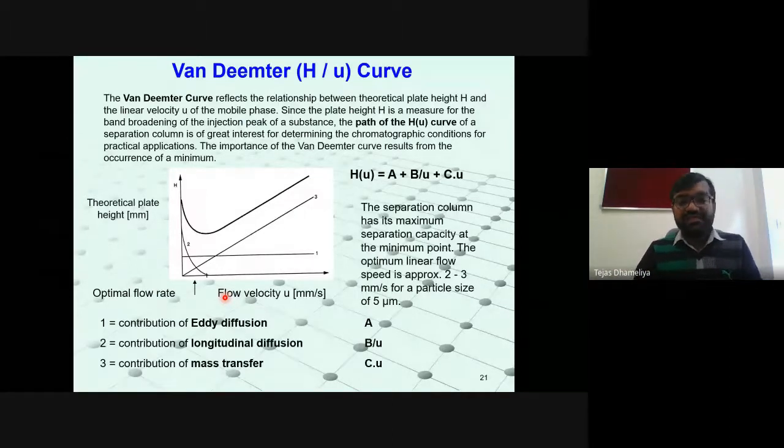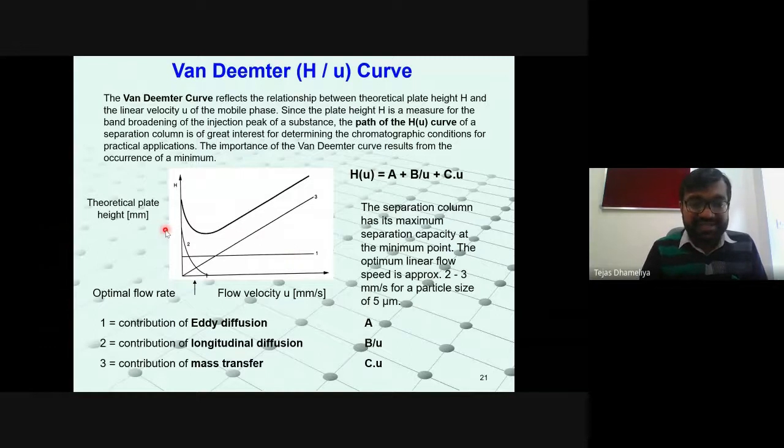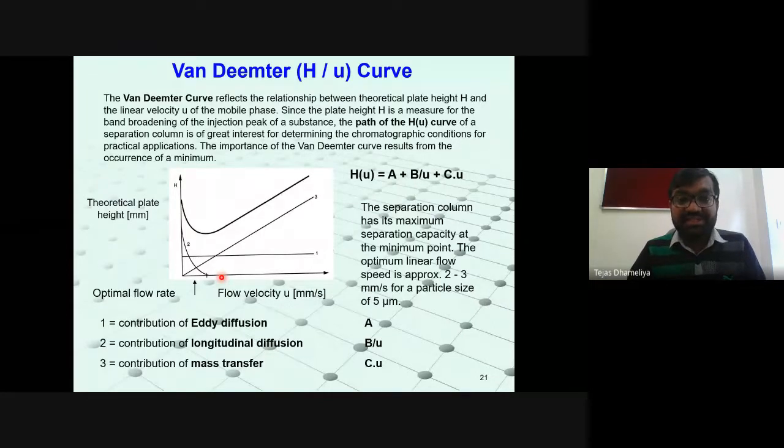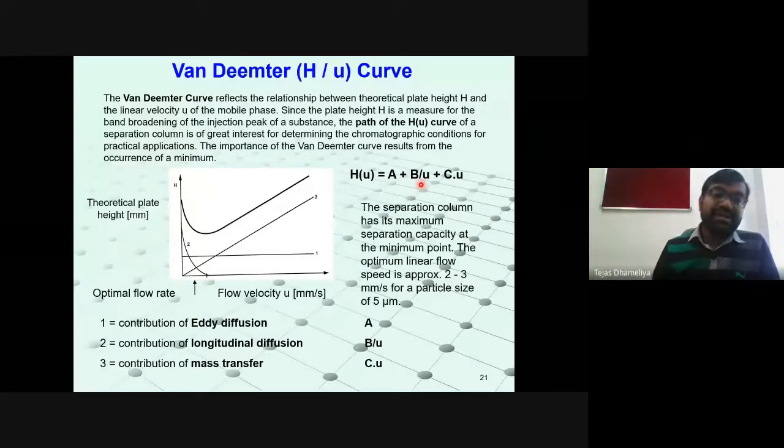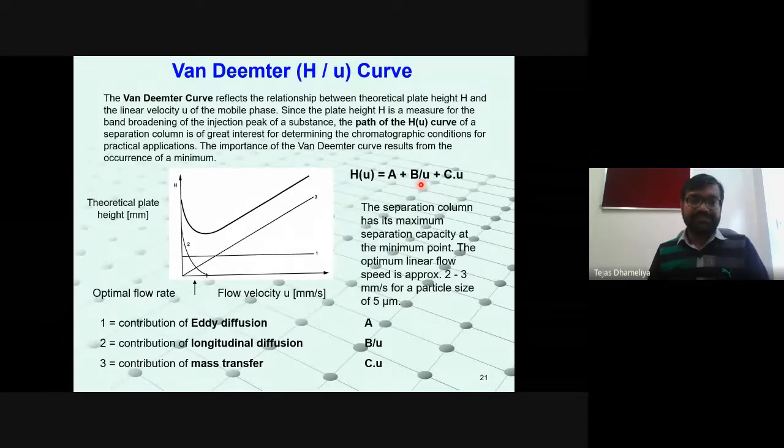So the eddy diffusion factor, number one, is completely independent of this velocity. But for the second factor, as the velocity increases, you can see that the height equivalent to theoretical plate decreases. That's why in this formula, H is equal to B upon u, height equivalent to theoretical plate is inversely proportional to velocity.